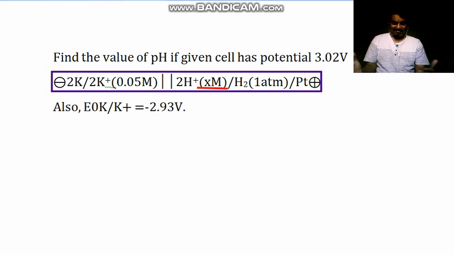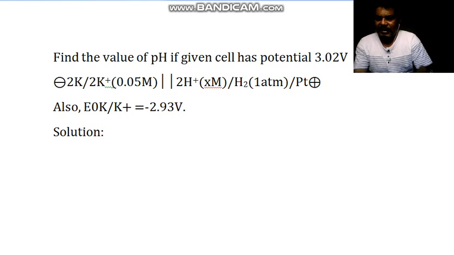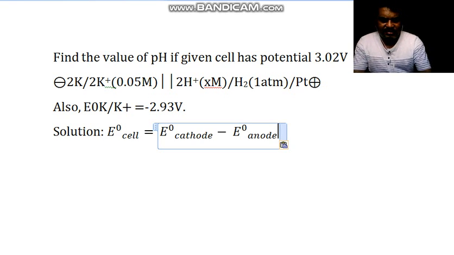By using this calculation, we can find the X value as we have done in the previous lesson. Step number 1, as always, is to find out the E degree cell. For E degree cell we have this equation.